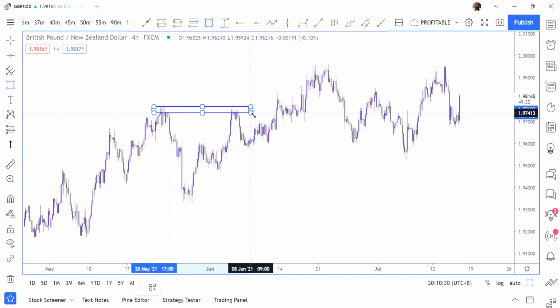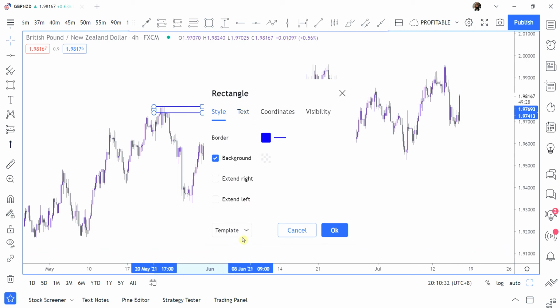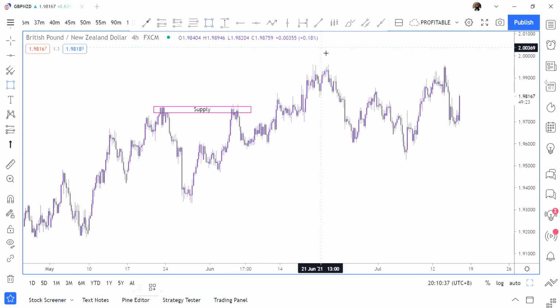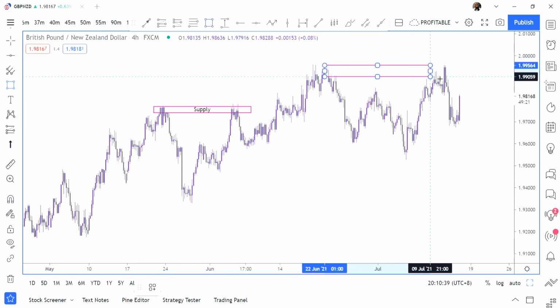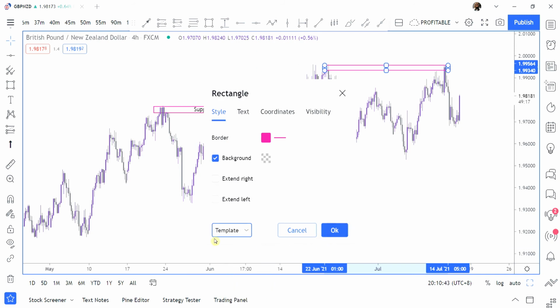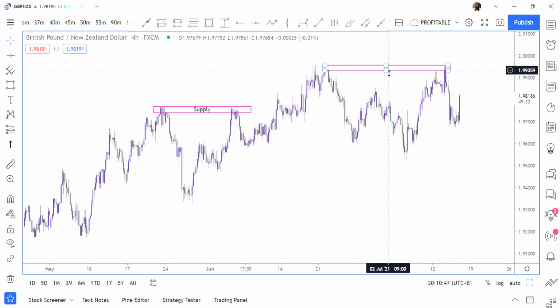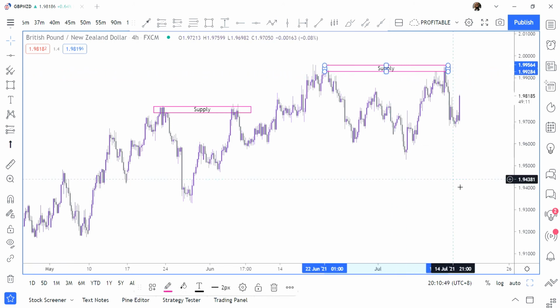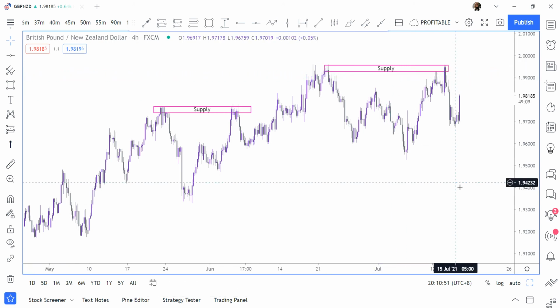One is right here, and another is right here. And we will not be drawing our supply zones properly. We will just take note of them for now, right here.